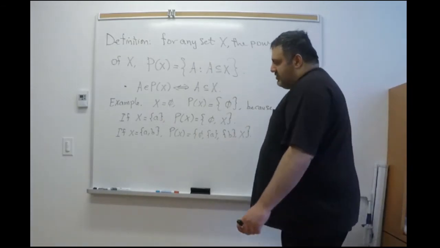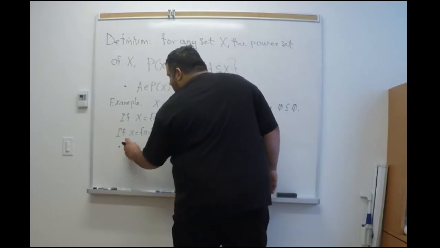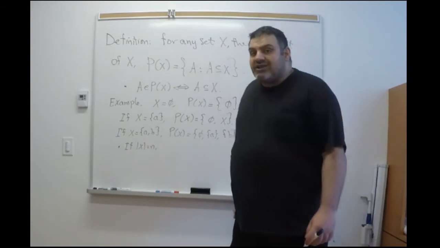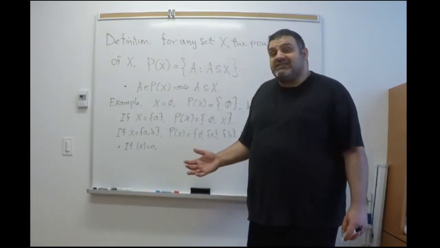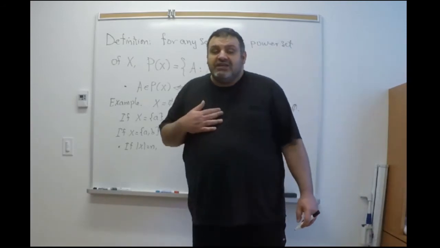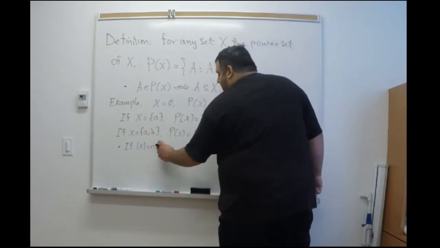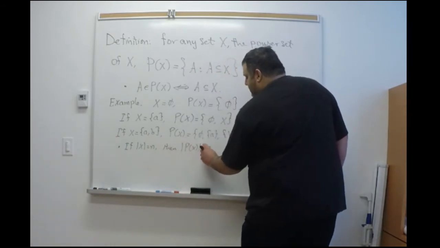So a couple of things, and you can continue this way. One, if the size of X is n, remember we already proved a while ago that a finite set with size n has how many subsets? If you look at your previous proofs, we showed that it has 2 to the n distinct subsets. So then, the size of the power set of X is 2 to the n.